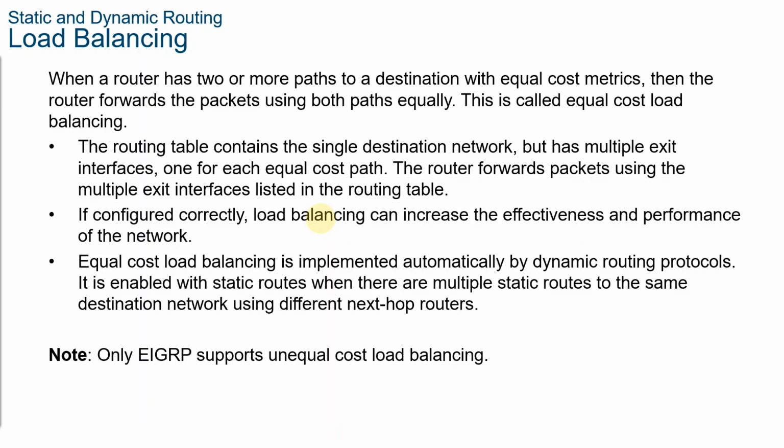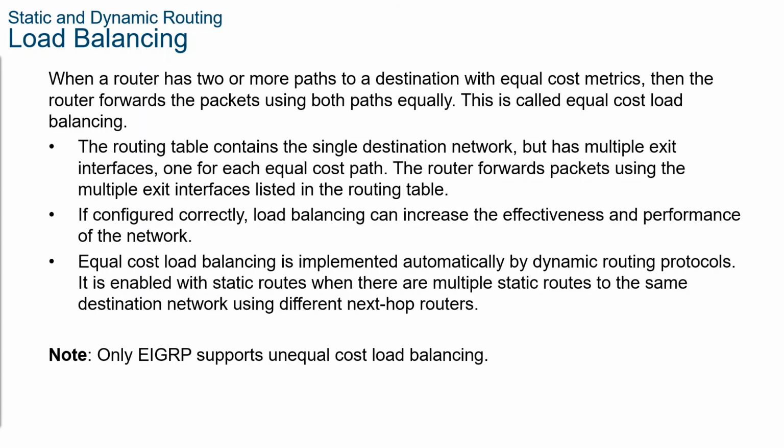This is called equal cost load balancing. The routing table contains the single destination network but has multiple exit interfaces, one for each equal cost path. The router forwards packets using the multiple exit interfaces listed in the routing table.